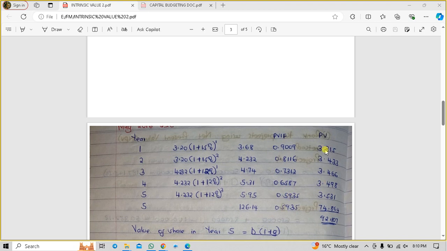From there you can use the present value. Present value is 3.68 times PVIF. So we start with PVIF, then PV. 3.68 times 0.9009. Confirm if you are getting this.